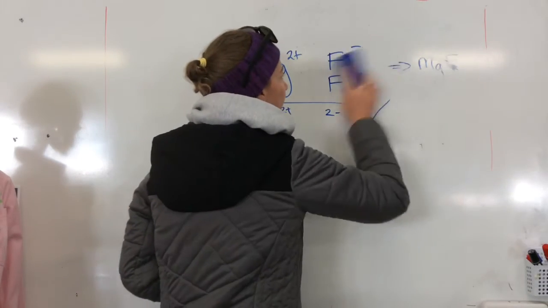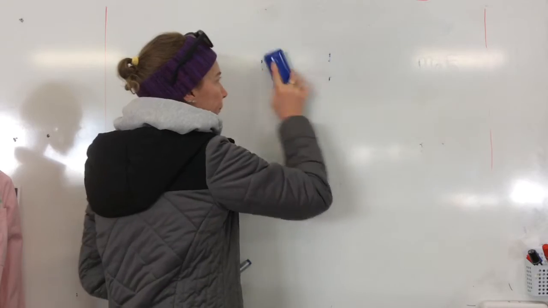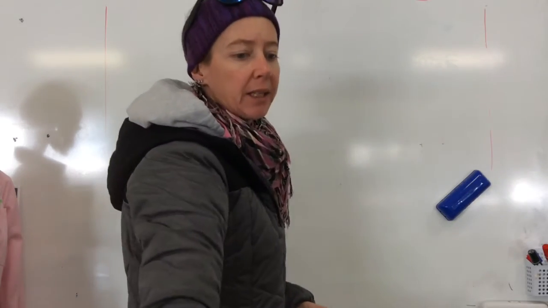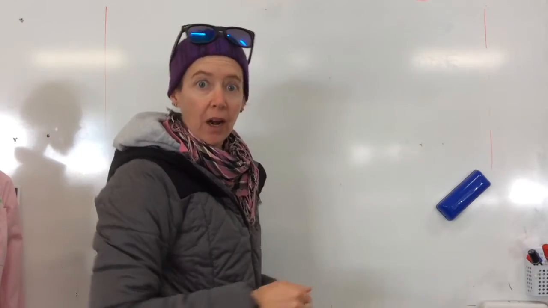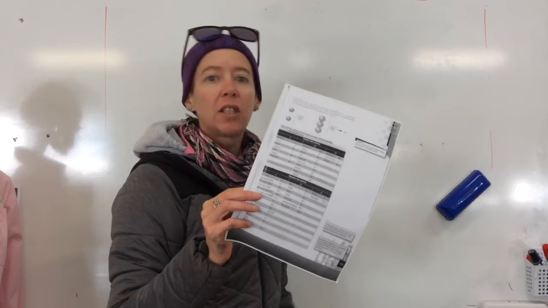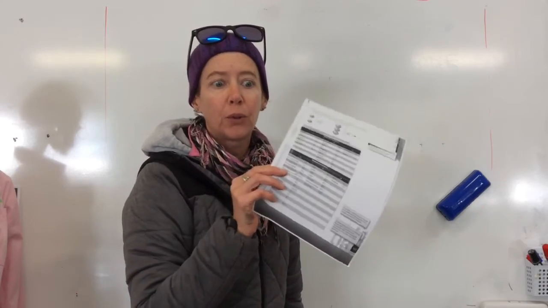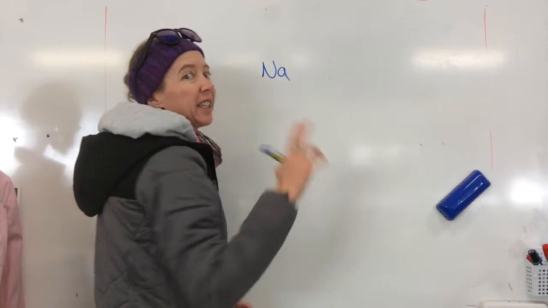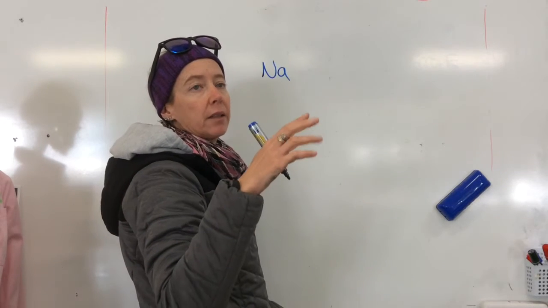Right, well, I'm going to go at another one. Okay, this time let's say we're going to use sodium iodide. Now, if you've got your electrovalency table there, you can grab it and have a look and tell me what the charges are before I write them on the board. Sodium, it's actually 11, so it's going to be 2, 8, 1.